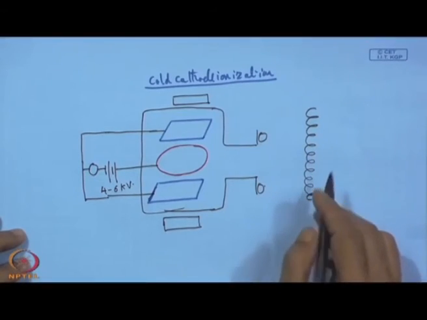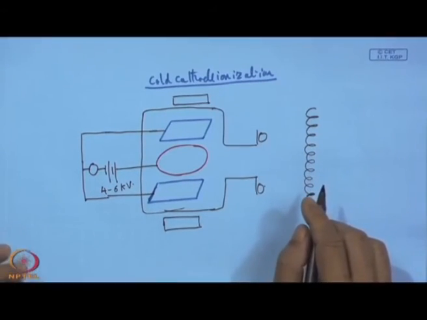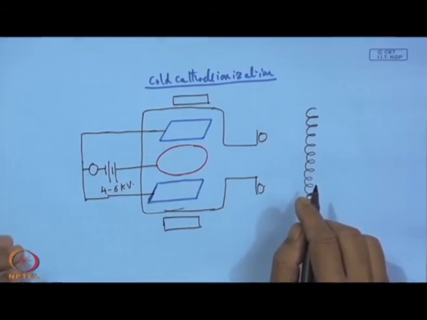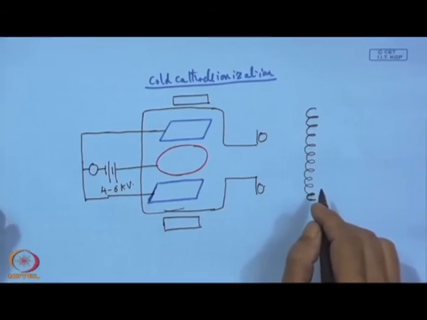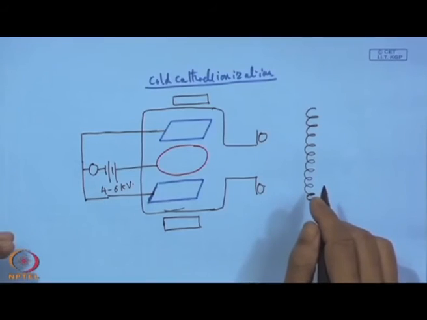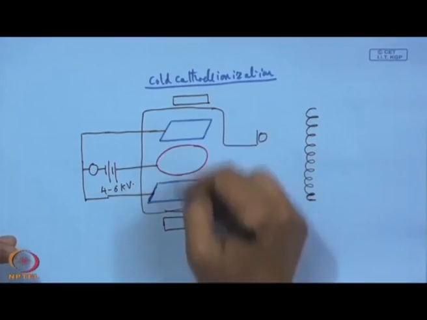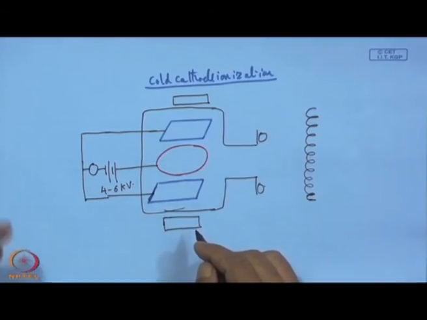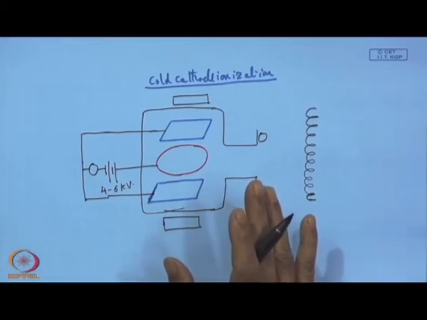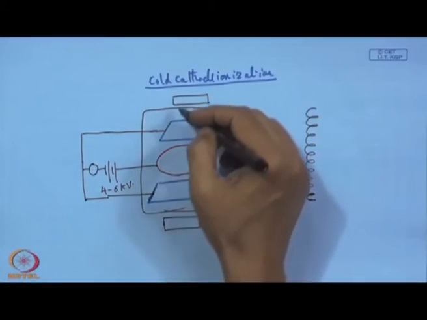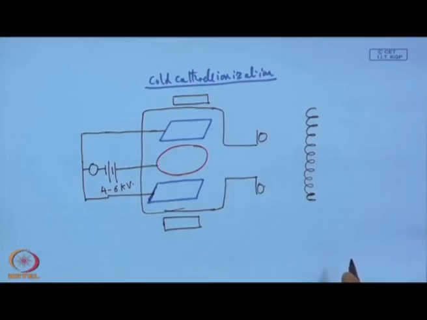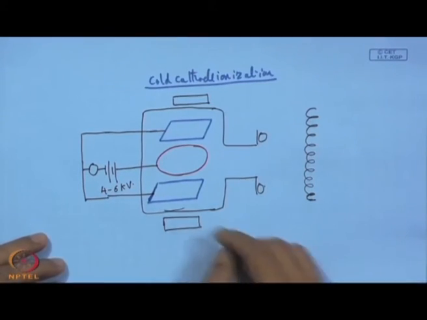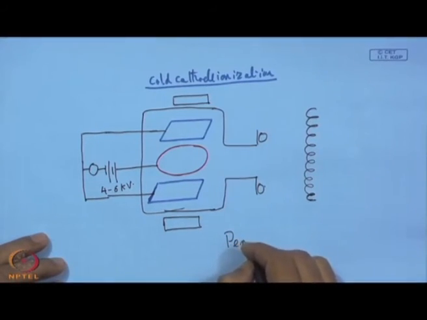So, by this we are increasing the probability of collision of this electron with the neutral, and thereby making this gauge more effective by this augmentation with the magnetic field. This way this cold cathode ionization is used, and this is actually known as the Penning gauge.